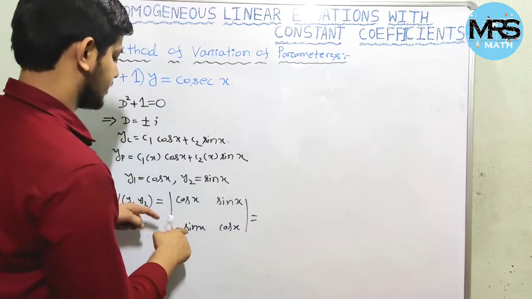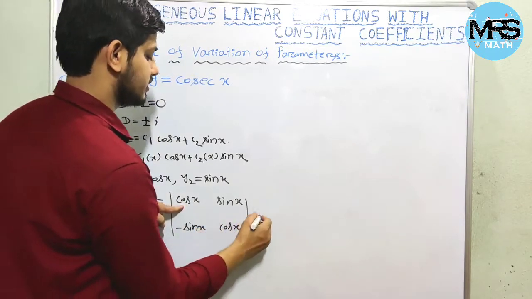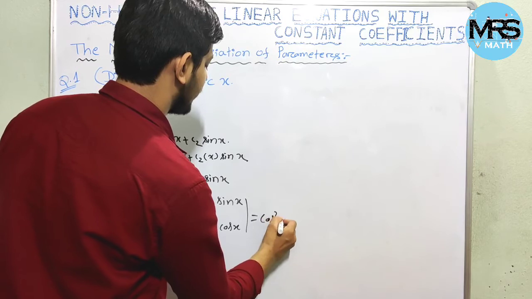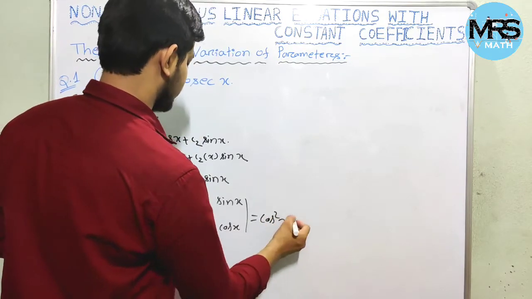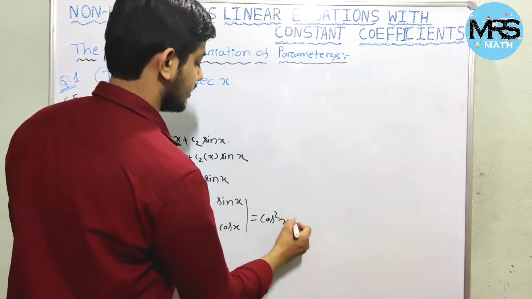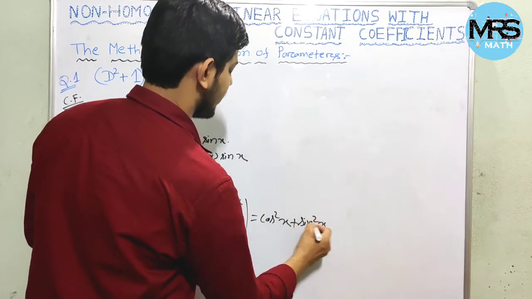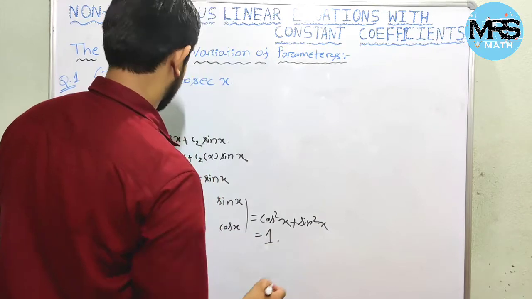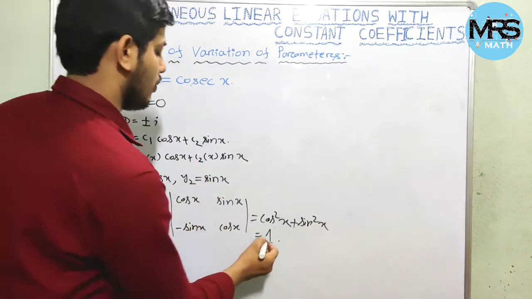So the Wronskian will be cos x into cos x, that is cos square x, minus, and this minus, so it will be plus sin x into sin x, sin square x, which is equal to 1. So our Wronskian is 1.